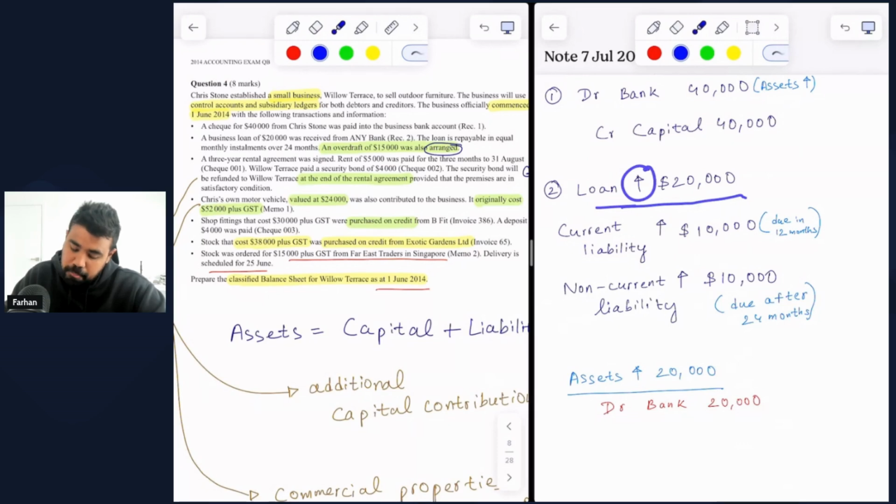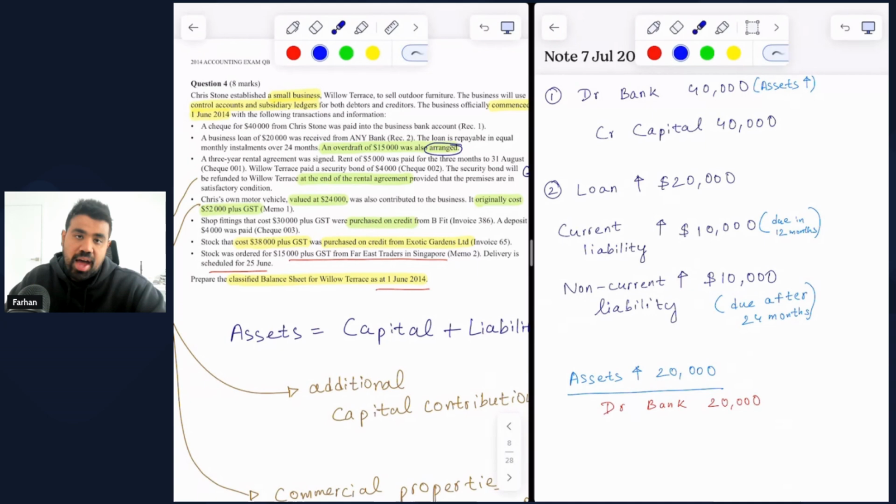All right. But we also understand that we are repaying this loan in equal installments over 24 months. This means that in the next 12 months, we are paying $10,000, and from month 13 to month 24, which falls into the second year, we are paying an additional $10,000 to repay off the loan fully.